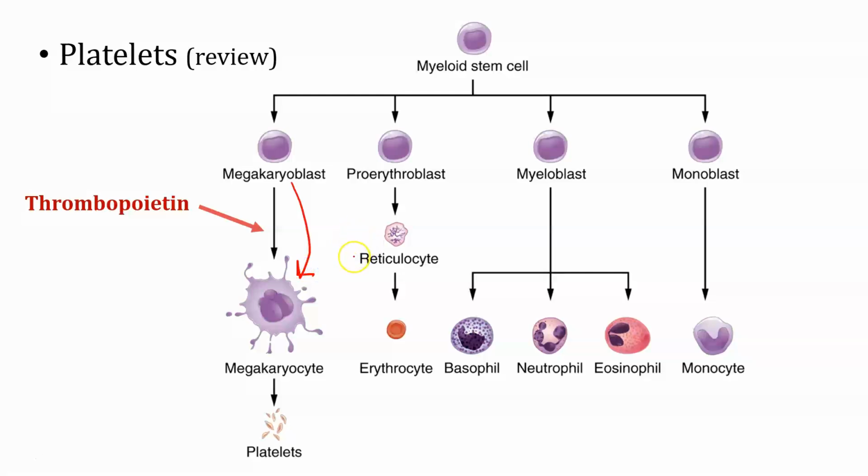Platelets are not actually cells because they're just kind of cytoplasmic contents of another cell, but they still have mitochondria in them, so they can make energy. They have microtubules in them, so they can kind of have a shape or structure.